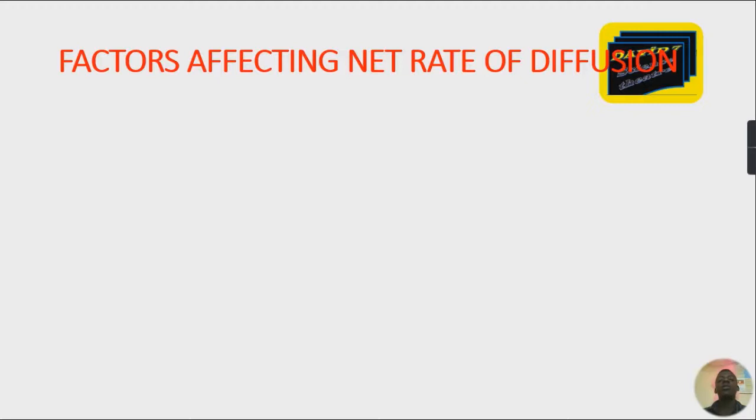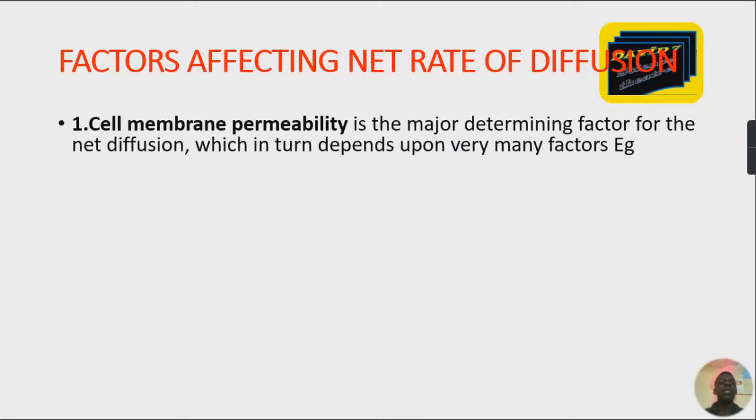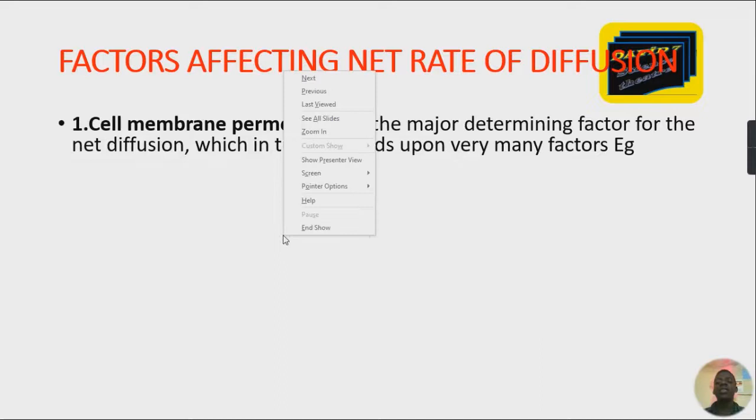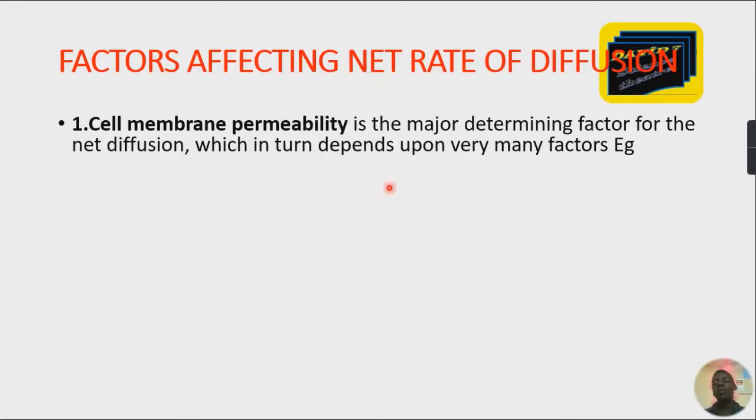So now we turn to the factors that affect the net rate of diffusion. These factors are many, and I will begin with cell membrane permeability. This is the major determining factor for the net diffusion, which in turn depends upon many other factors.